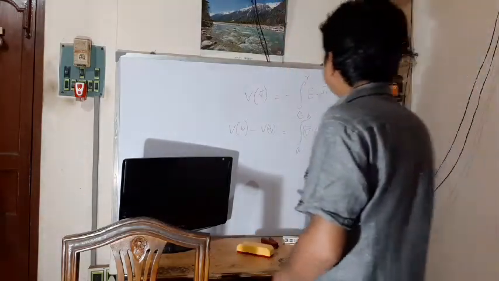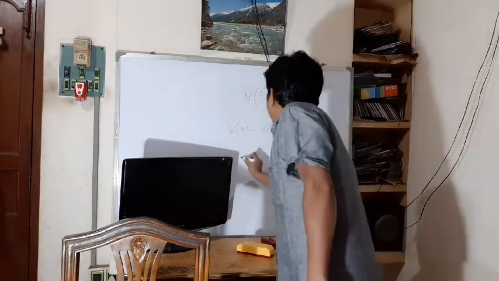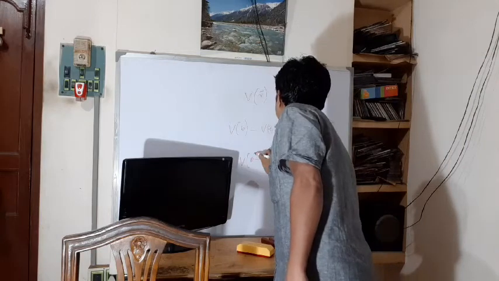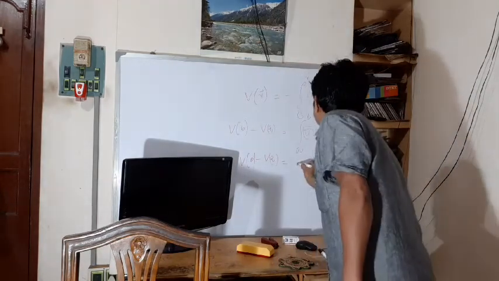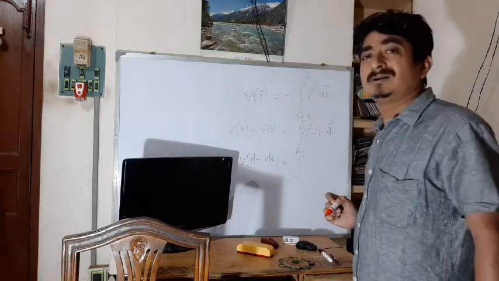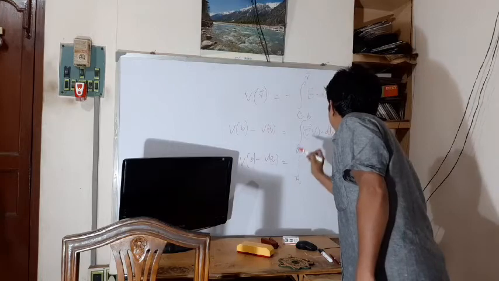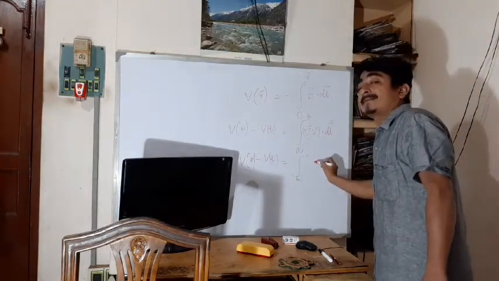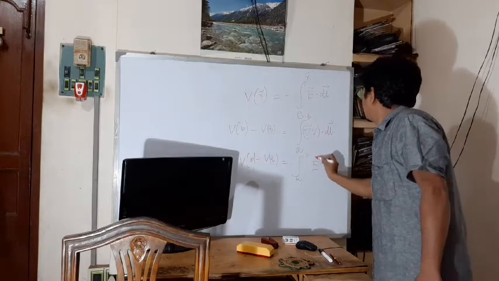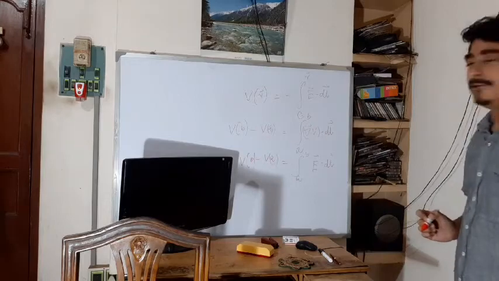So from that equation, we can say that V of B minus V of A equals minus the integral from A to B of E dot dl.